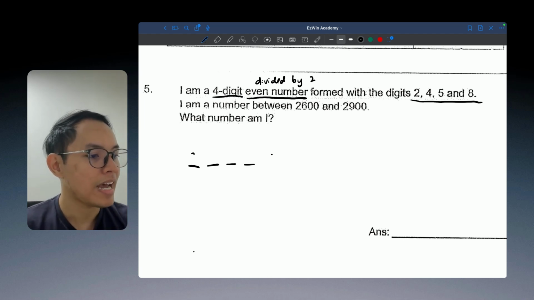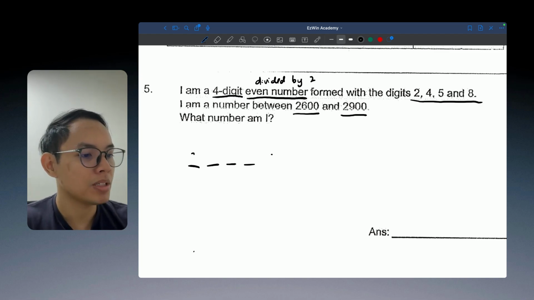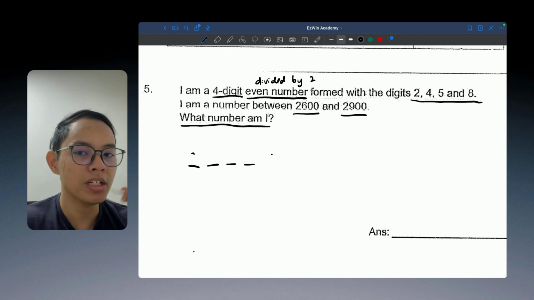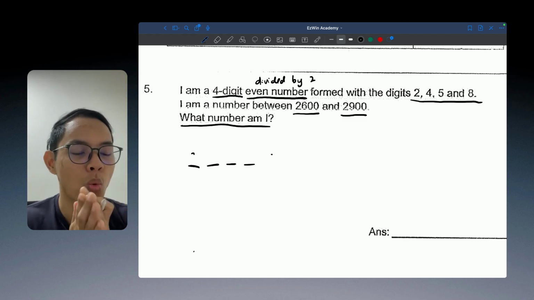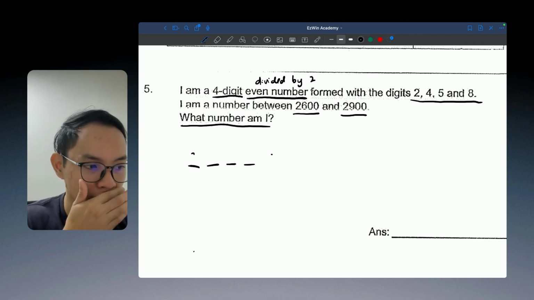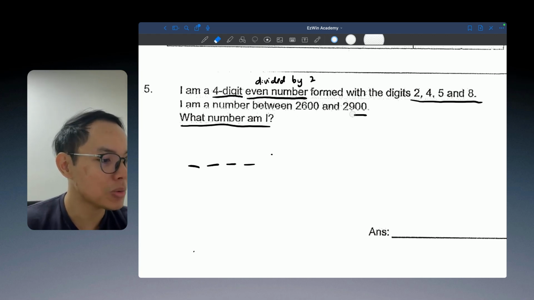It says here, I am a number between 2,600 and 2,900. So what number am I? We need to have a bit of a way to understand what the number should be. This is, I would say, a tricky question.